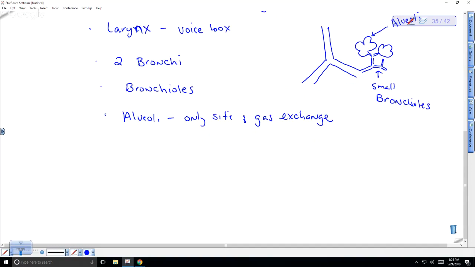Now, I'm not going to talk about it today, but we also have a diaphragm. The diaphragm is sometimes referred to as the respiratory muscle, but this is a muscle that aids in breathing, and it sits underneath the lungs. It aids in ventilation.